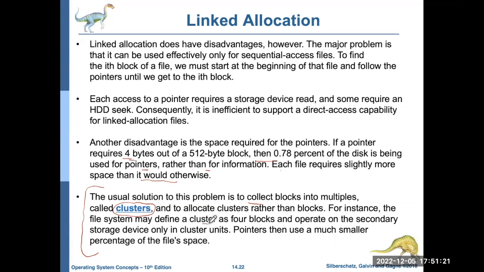It may be possible that a cluster is of 4 blocks, contiguous, and then we have pointers to point to the next cluster. Then the pointers become a much smaller percentage of the file space. This is one way of handling the pointers, but there is still a problem. If the pointer is lost, we will not be able to track the file.